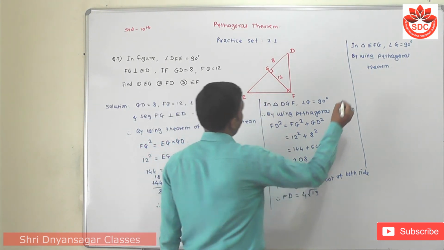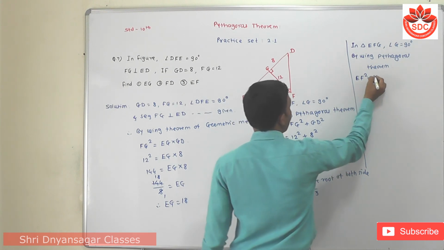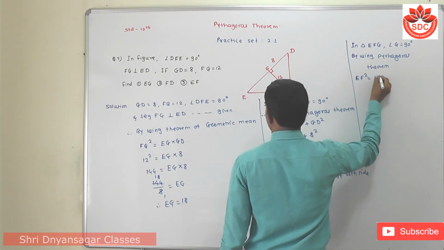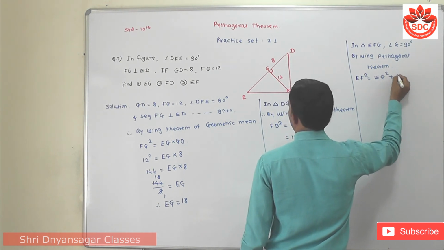So EF square is equal to EG square plus GF square or FG square.